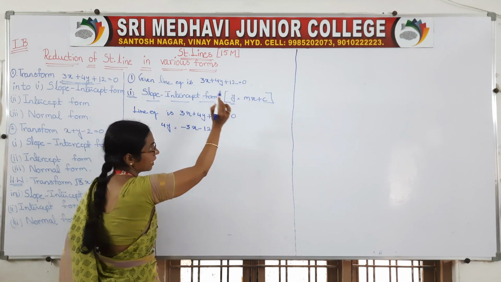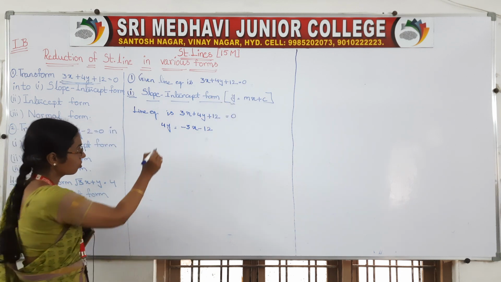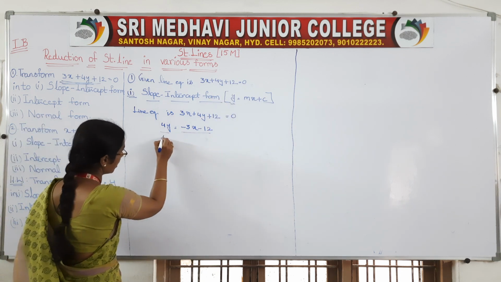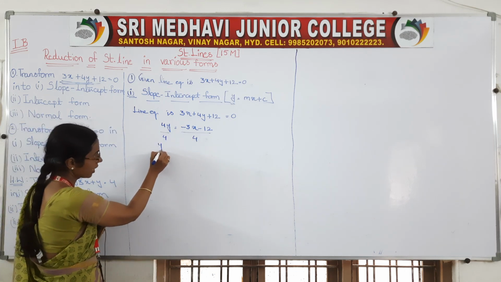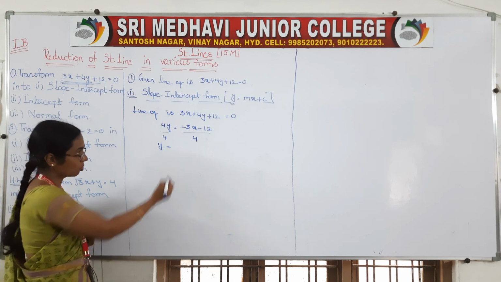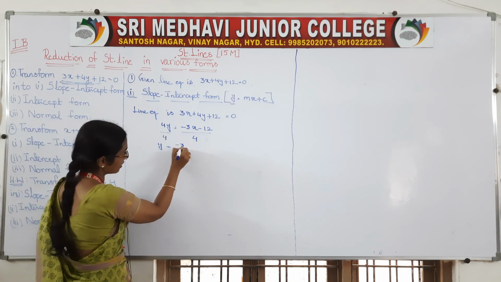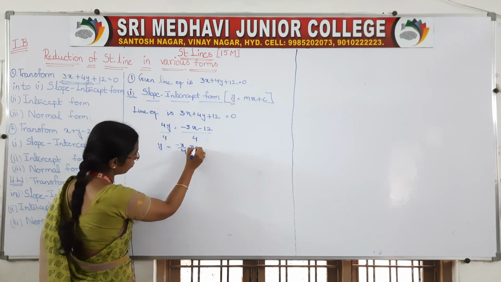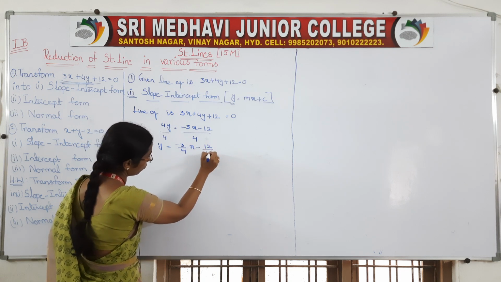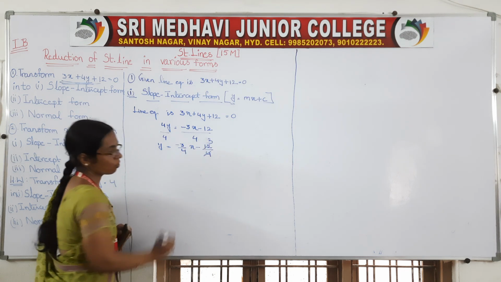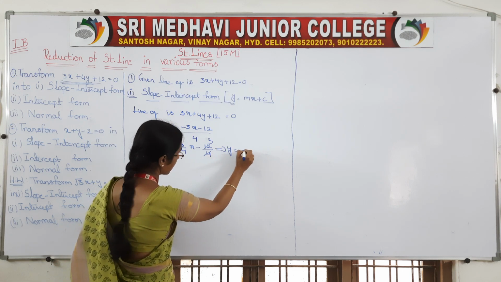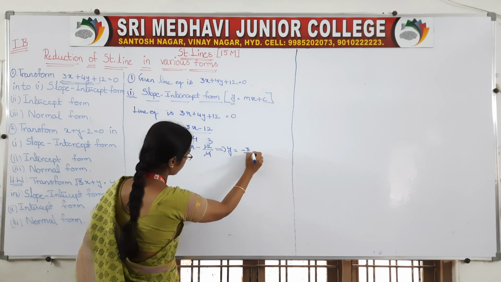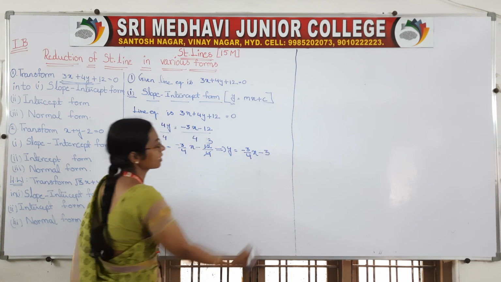Only y should be there, not any other value. So divide both sides by 4, so that the left side has only y. We can write this separately: y is equal to minus 3 by 4 x minus 12 by 4. 4 threes are 12, so your equation is y is equal to minus 3 by 4 x minus 3.